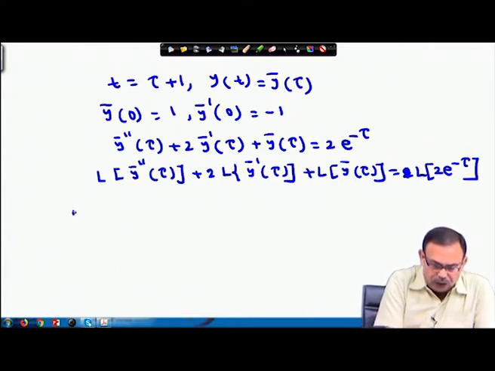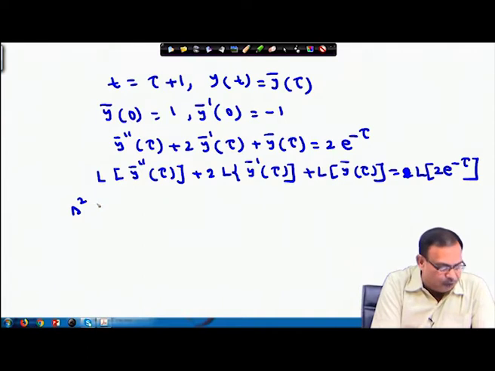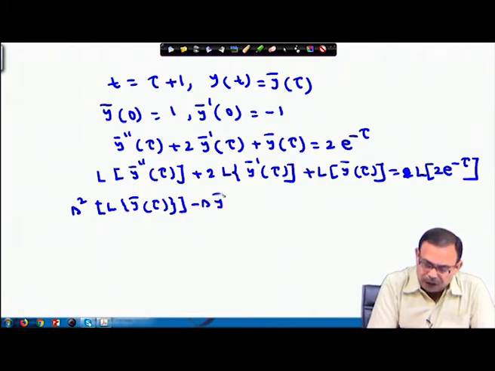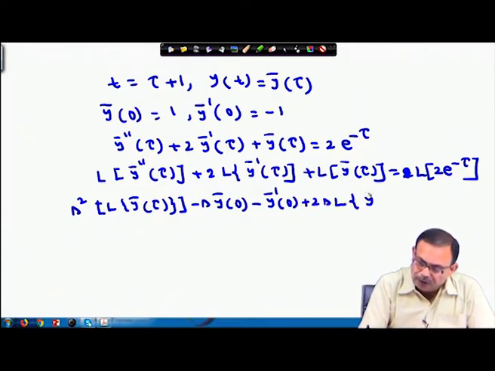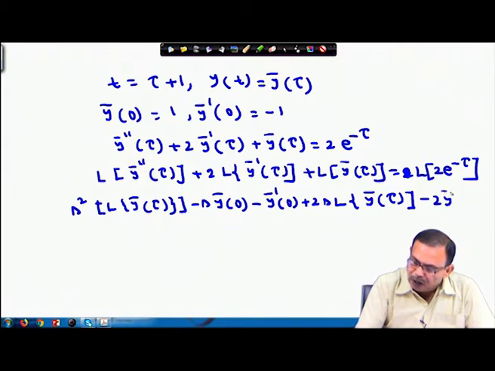So, the Laplace transform of y bar double dash is s square into the Laplace transform of y bar tau minus s y bar 0 minus y bar dash 0, plus twice s times the Laplace transform of y bar tau minus 2 y bar 0.